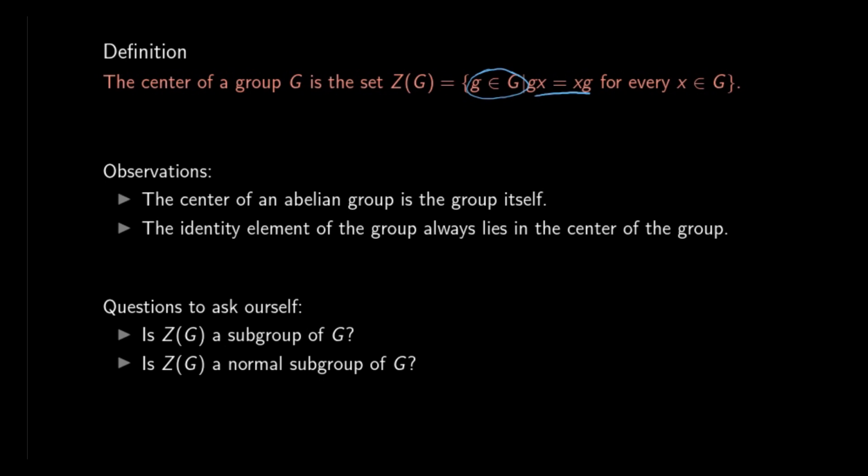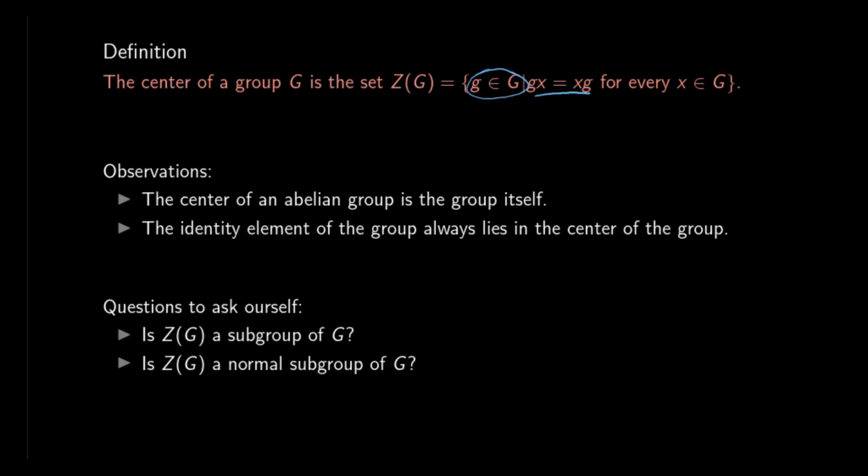We can make a few observations regarding the center of G. First, the center of an abelian group will be the group itself. We can also see that the identity element is always going to be in the center of the group.